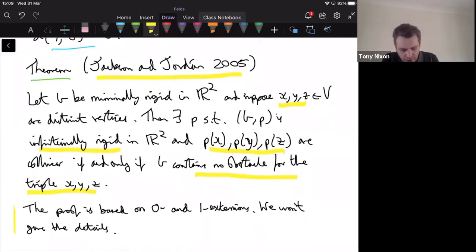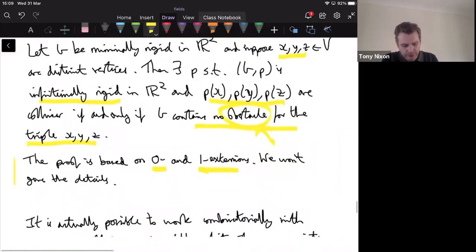It's based on the fact that 0 and 1 extensions preserve rigidity, and the difficulty, which takes quite a while in their paper, is to deal with the 1 reductions and avoid creating these obstacles. So as you're doing your 1 reductions, as well as checking the 2-3 sparsity condition, you also need to avoid creating new obstacles for your triple.